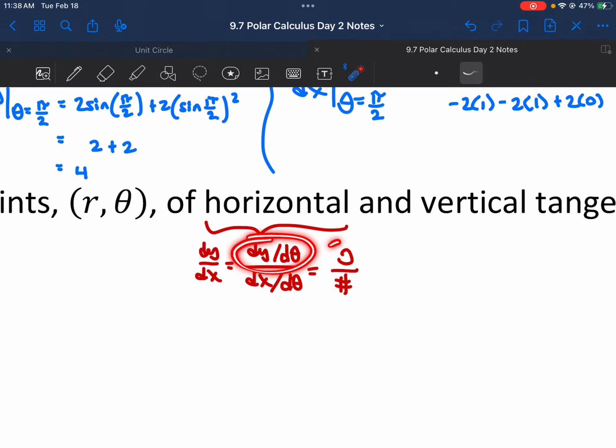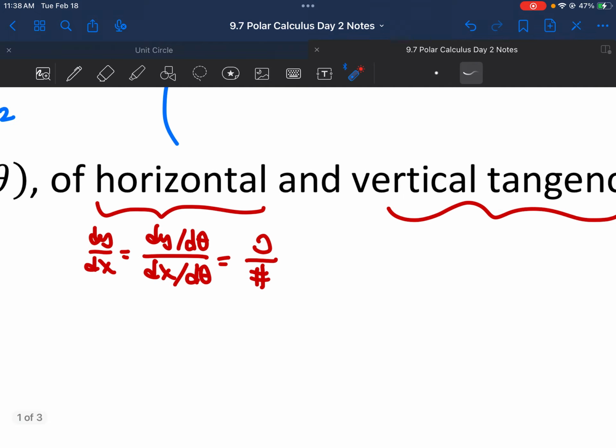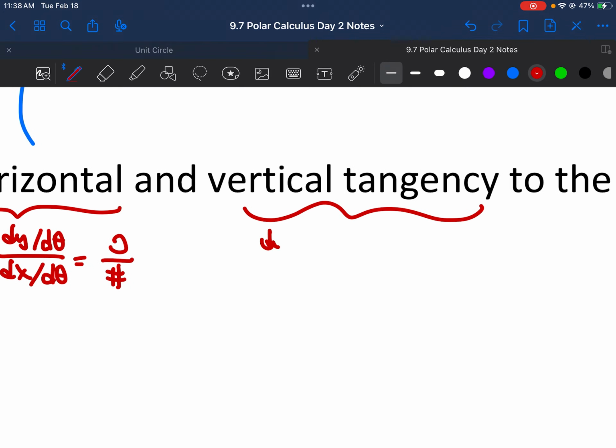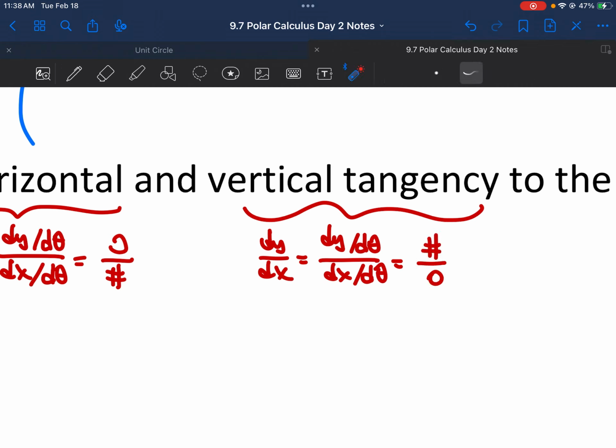Vertical tangency means this dy/dx, which again is dy/d theta over dx/d theta, is equal to some number over 0. So basically, horizontal tangency, the top dy/d theta equals 0. Vertical tangency, the bottom dx/d theta equals 0.